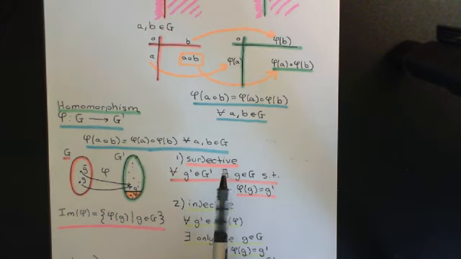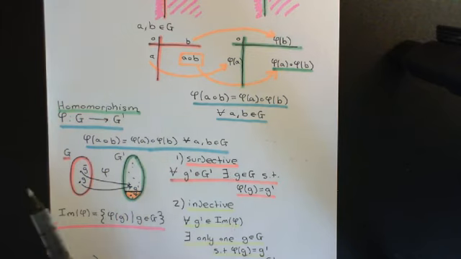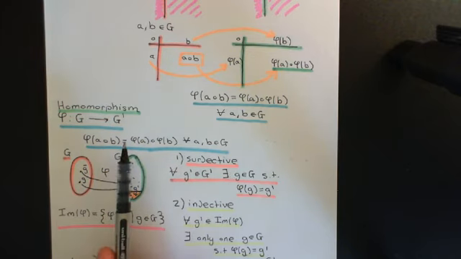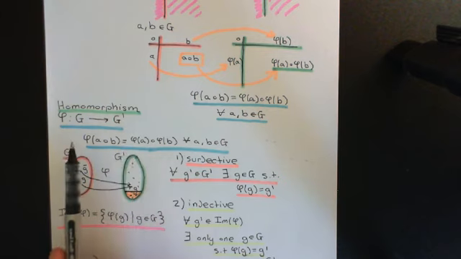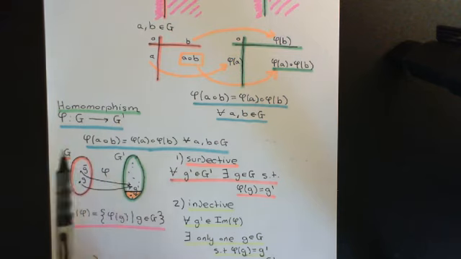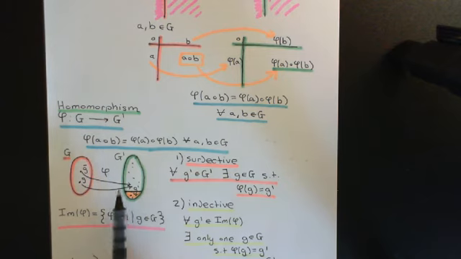So let's just go over what surjective means. Surjective means that every element in the codomain group must have an element in the domain group being mapped onto it. So if a homomorphism is not surjective, then there must be at least one element in the codomain group G prime that does not have an element in capital G, the domain group, being mapped onto it. That's what's meant by a non-surjective group homomorphism.